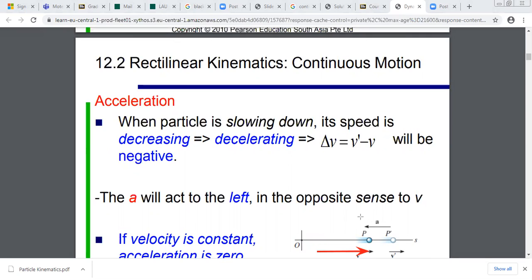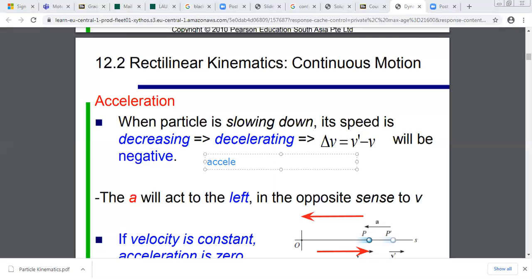Now who will tell me, if I move in the negative direction and v is increasing, how will the acceleration be, negative or positive? Negative. Yes, exactly, negative.